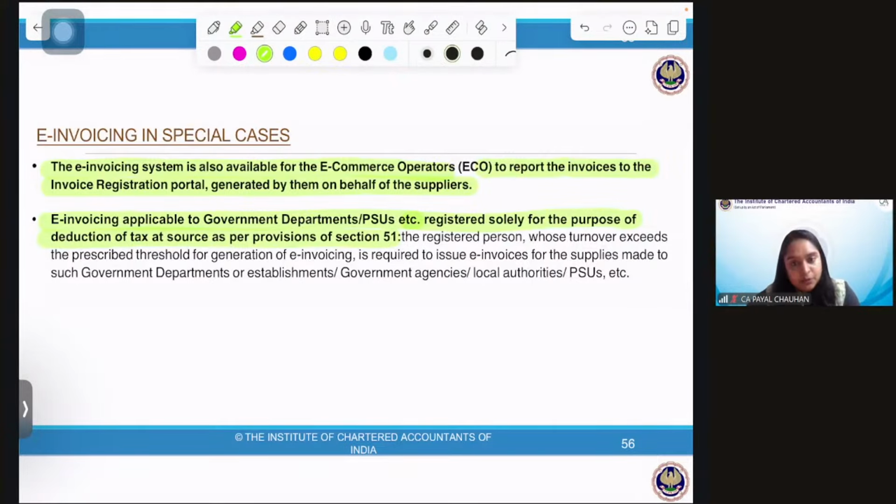If I'm a government unit registered just in order to deduct TDS under section 51, then the registered person whose turnover exceeds the prescribed threshold limit is required to issue an e-invoice for the supplies made to such government department or establishment or by government agency, local authority, PSU, etc. So, if I'm a notified supplier, my aggregate turnover exceeds 5 CR in any of the financial year, and I am supplying to government department, PSU, then also I have to issue an e-invoice.